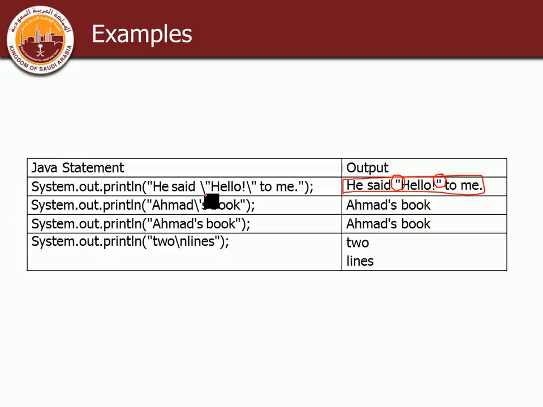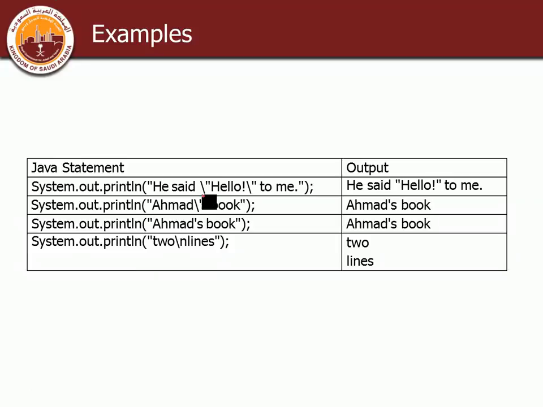Why? Because normally the double quote starts the text and ends the text. So if we don't put this backslash, it means the text stops here. But when we put backslash, we mean the text doesn't stop here. This is only to display the double quote on the screen. So if I want to display it, I have to use this backslash over here.